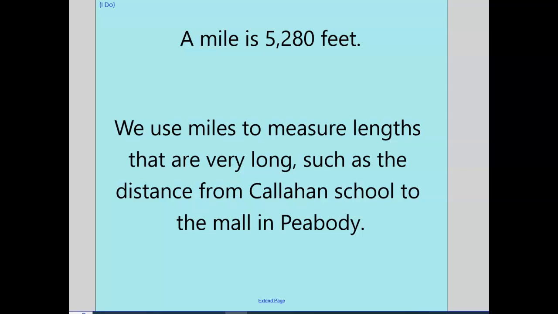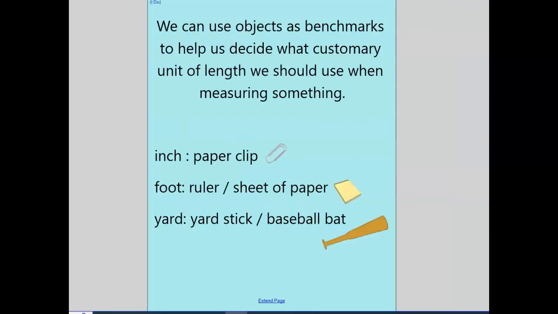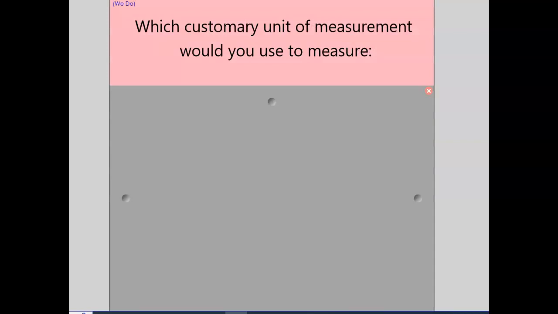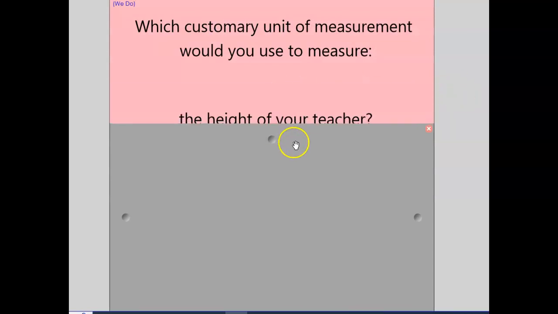So long distances we measure in miles. All right, so keep this in mind. Inches would be paper clips. A ruler or sheet of paper would be a foot, and then a yardstick or a baseball bat is a yard.